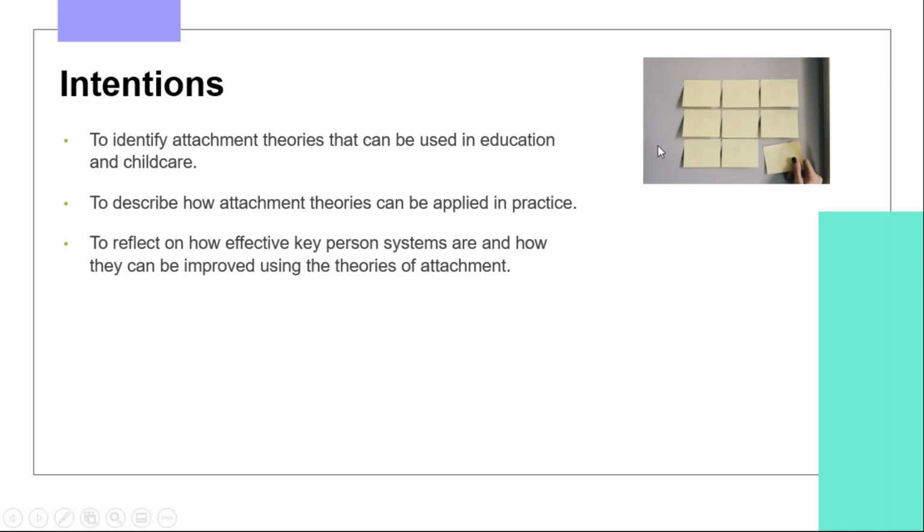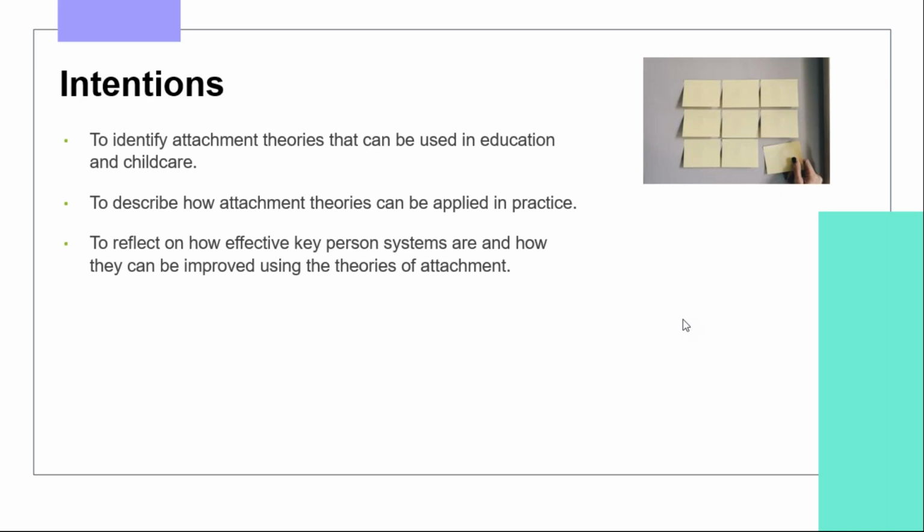So, as you can see, we're going to be exploring attachment and attachment theories. If we start off by looking at some of those intentions through the aims and objectives, we're going to consider the attachment theories that can be used in education and childcare, and of course we'll make some specific references to attachment theory and the qualification specification for the T-Level qualification in education and childcare.